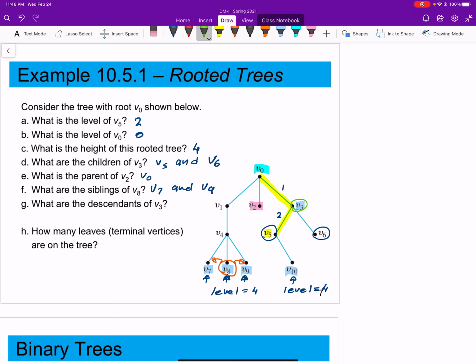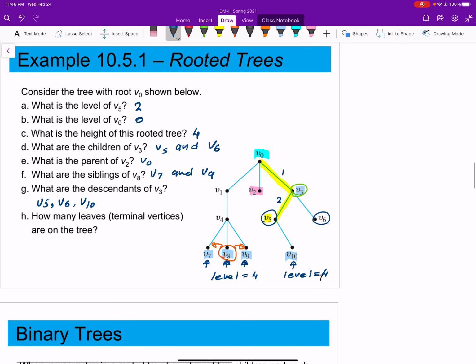They are V5, V6, V10. How many leaves are on the tree?